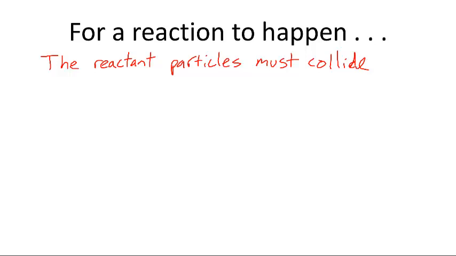Two substances can't react if they're across the room from each other. Okay. Does that mean every time two reactant particles collide, there's going to be a reaction? No. Okay. Why not? What other requirements are there?